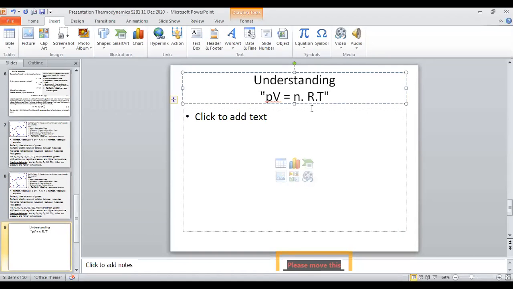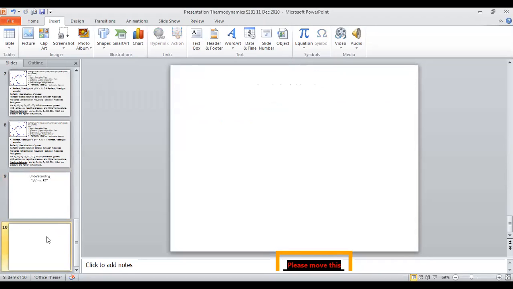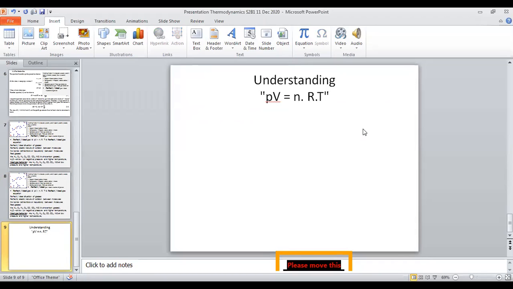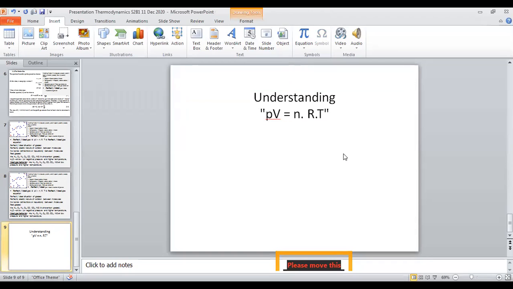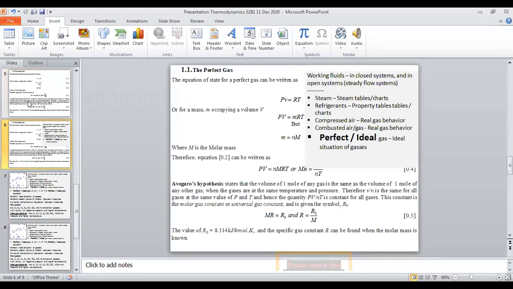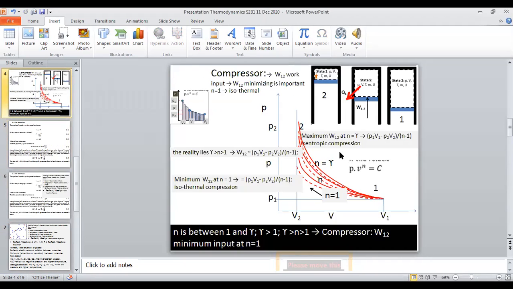Not remembering, understanding. So what is this? It's very important for you to understand. Then you have the work done equations and all.